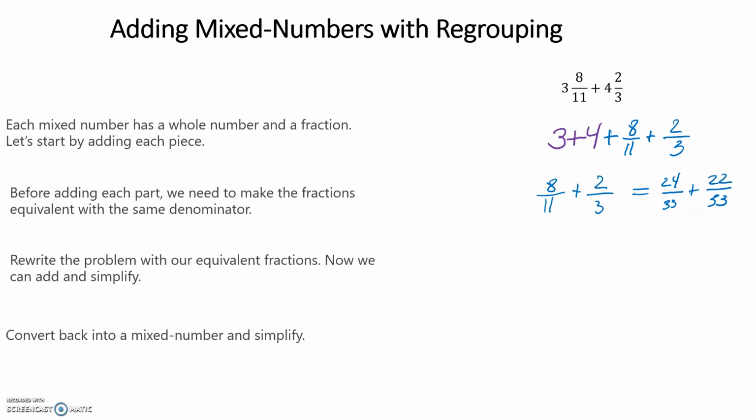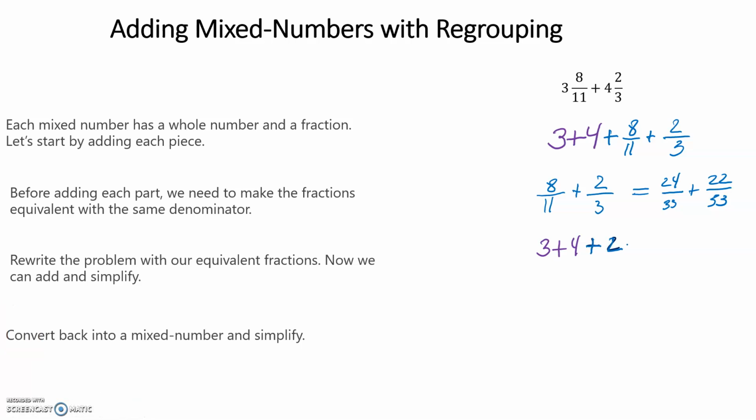All right, now I can go ahead and start adding all my parts together. So I'm going to rewrite it: 3 plus 4 plus 24 33rds plus 22 33rds. I changed the color on you guys.